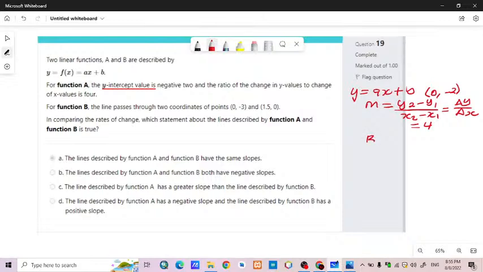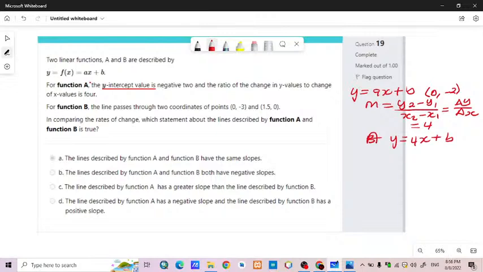So we know the equation for a. The equation for a is given by y equals, we know that the gradient is 4, so 4x plus b. To determine b, you have to use this point.